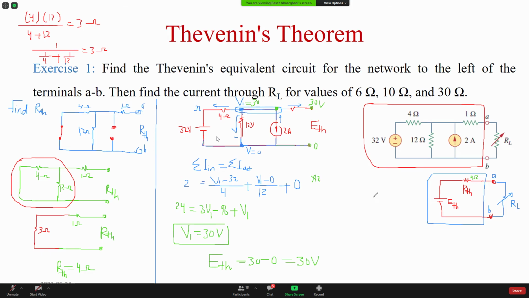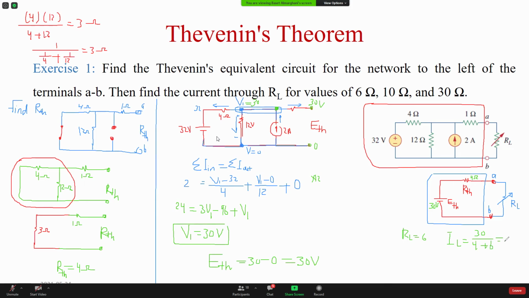Okay, so I got to this, it's 30 volt. I'm done with the Thevenin equivalent circuit. They're saying once you have the equivalent circuit, RL, give it 6, 10, 30 to find the current. So if RL equals 6, I'm going to put 6 here. The current IL is going to be just 30 divided by 4 plus 6.